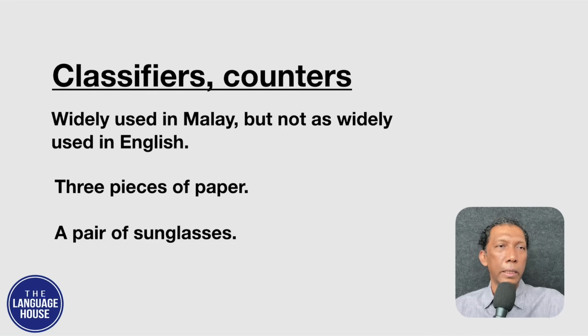Now, this is the real example of counters in English. 3 pieces of paper. Pieces is the counter or the classifier, and a pair of sunglasses, that is the classifier for sunglasses. So in English you do have it, but in Malay and also other languages we have a long list of classifiers.